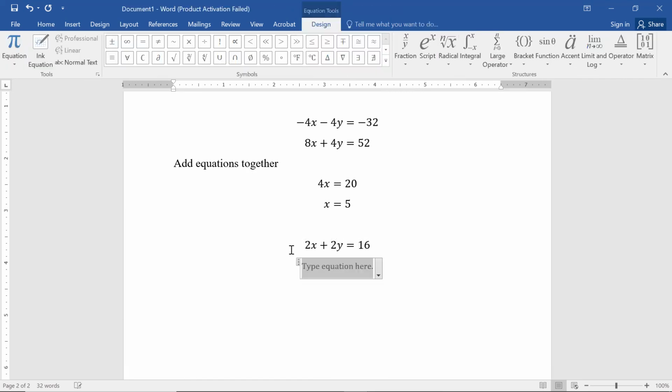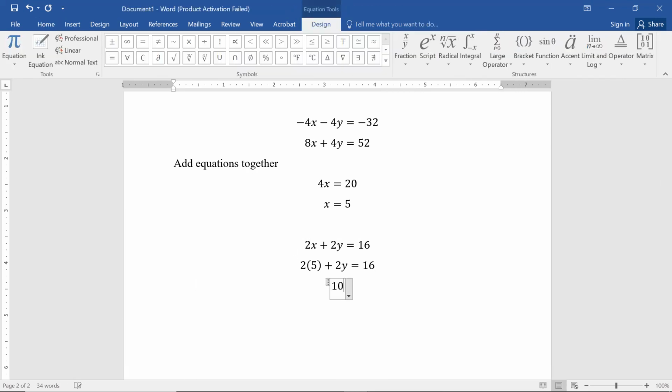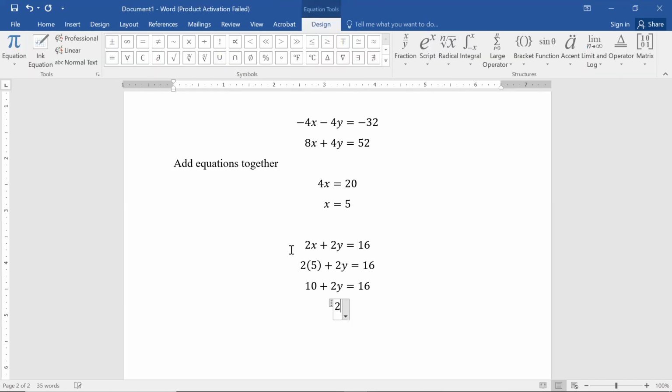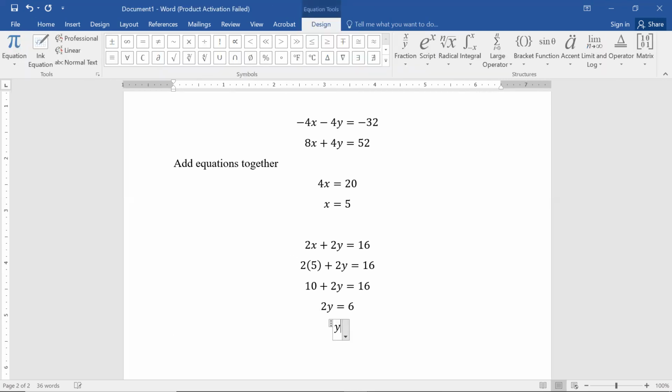And I'll replace the x with the number 5, and then solve that equation for y. Subtracting 10 from both sides gives me 2y is equal to 6. Dividing both sides by 2 gives me a y value of 3.